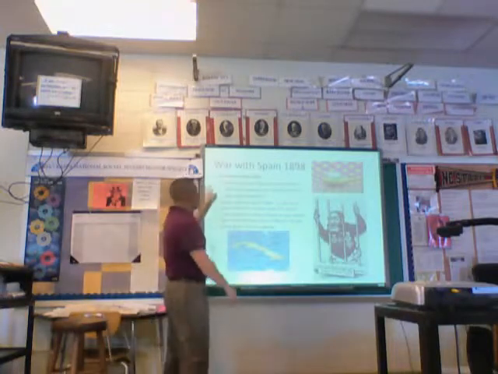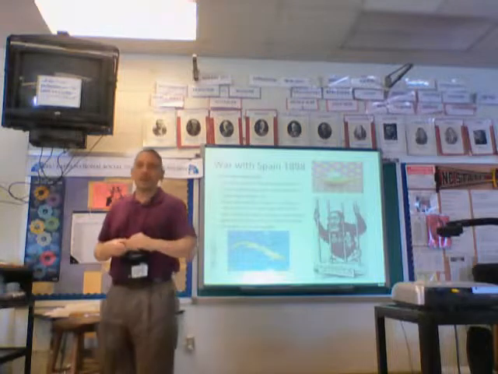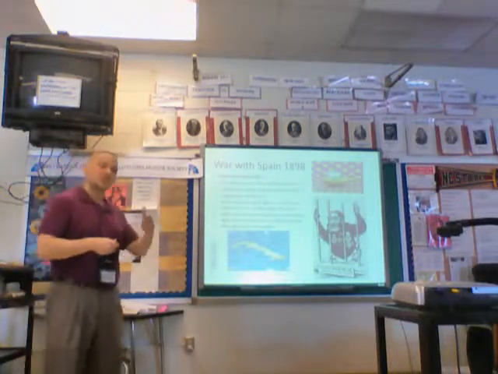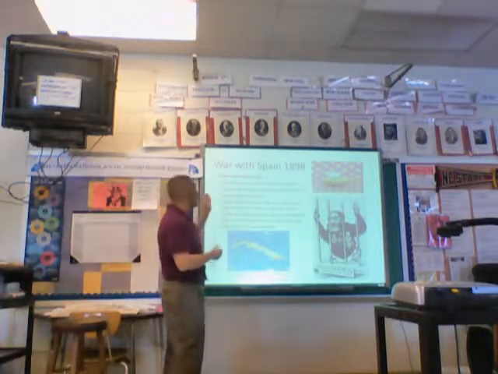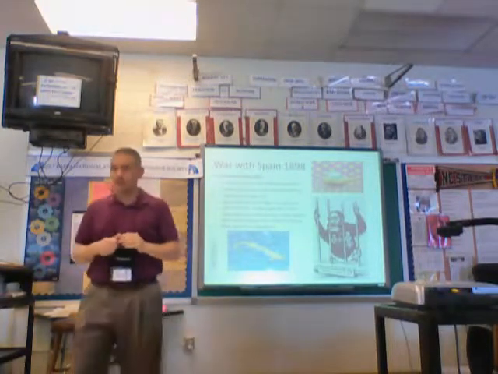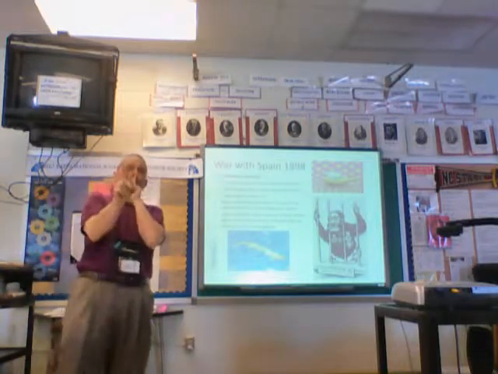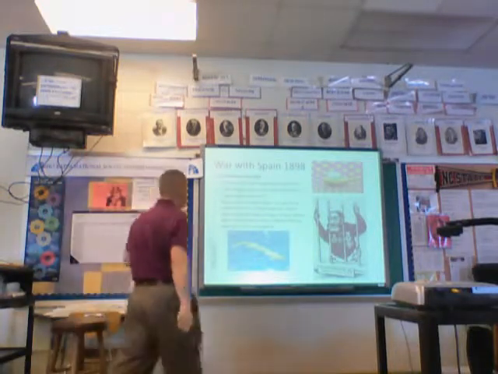So, we had been eyeing Cuba since the Ostend Manifesto back in the 1850s. During the Pierce administration, we were mainly interested in sugar in Cuba. We were also interested in creating more slave states, but we don't want to talk about that.